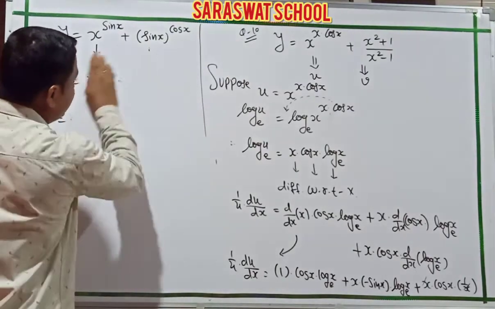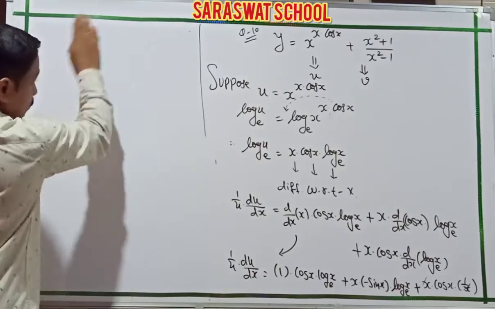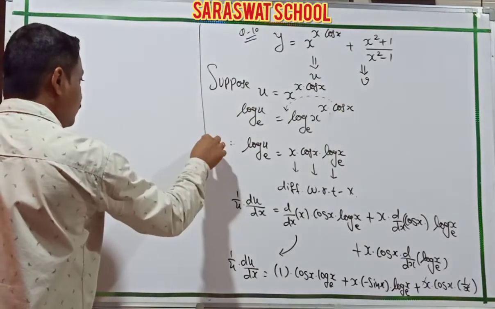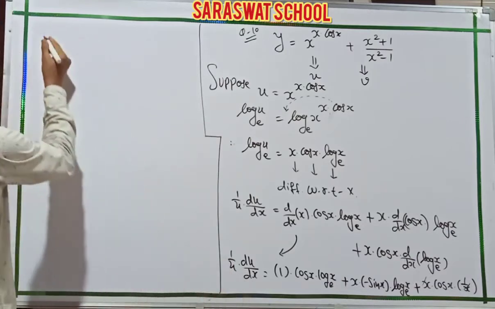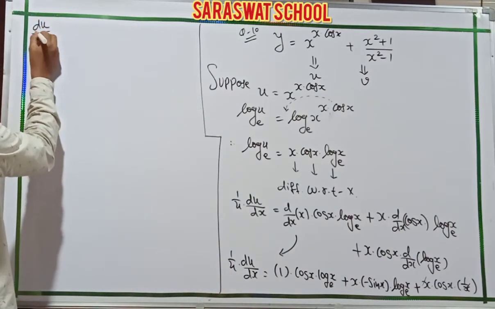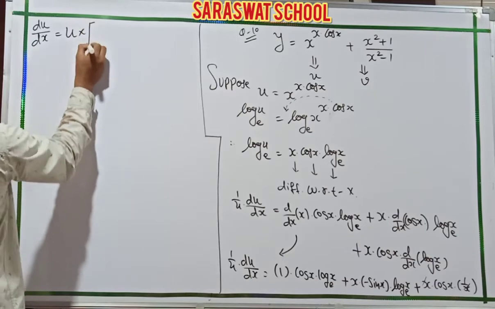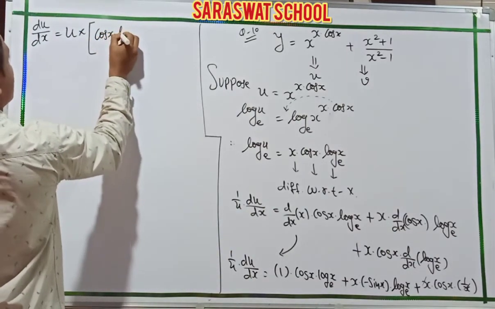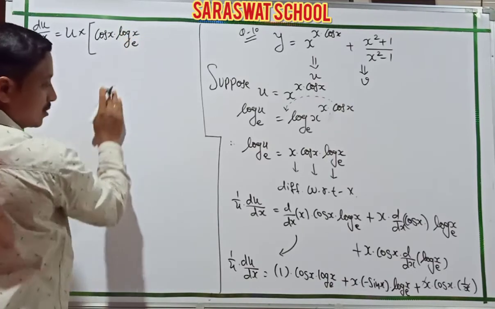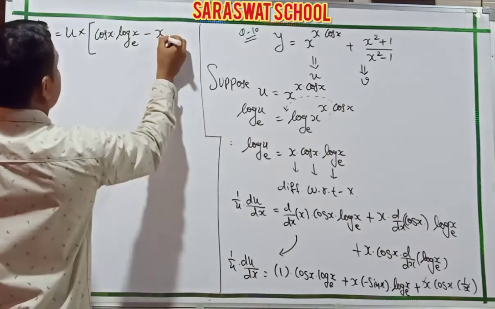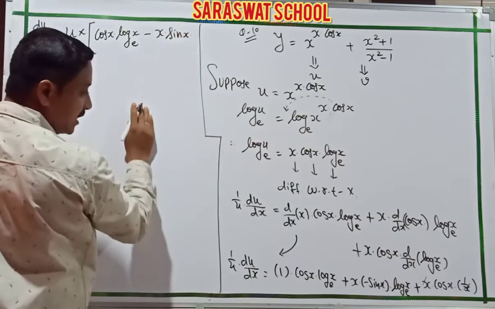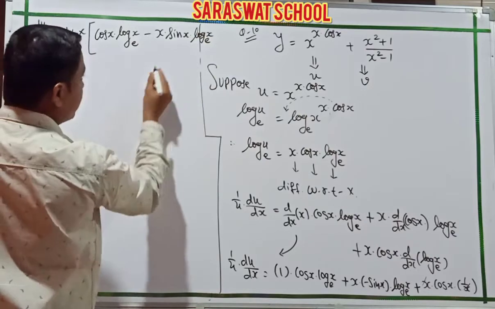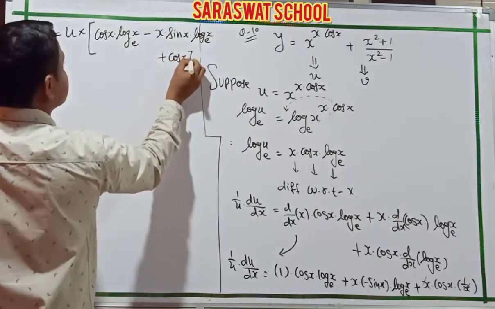I just write it down with du/dx. So finally, what is du/dx? u into this value: cos x into log x base e, minus x into sin x into log x base e, and plus cos x as it is.